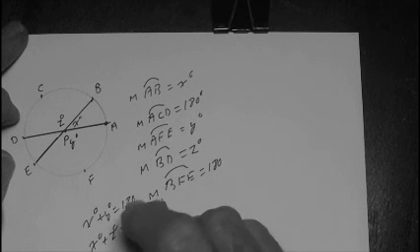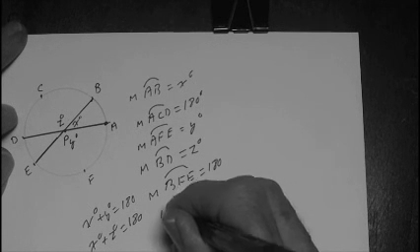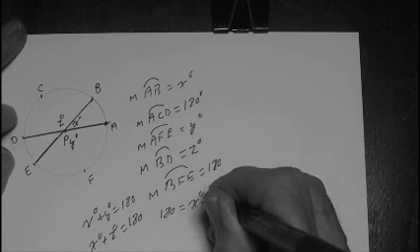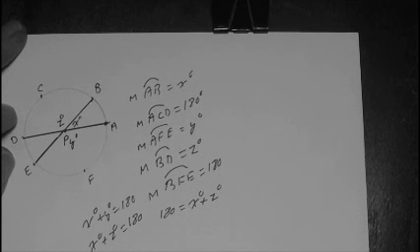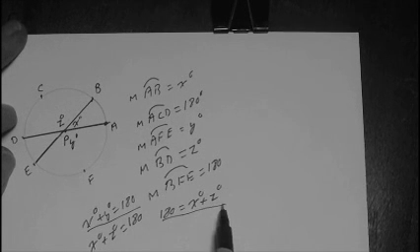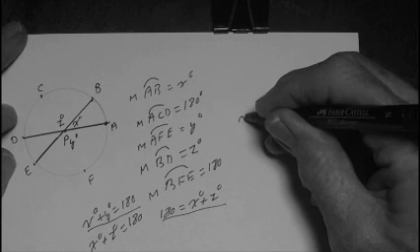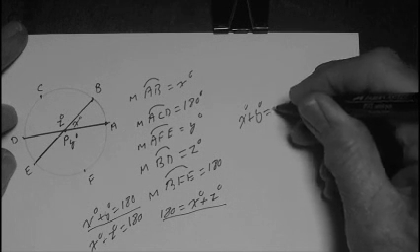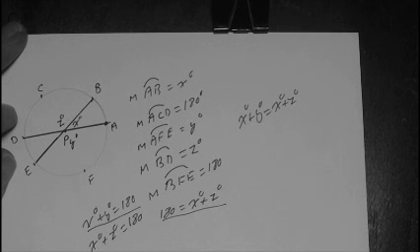If I use the symmetric property and flip this around, I get 180 degrees is equal to x plus z. And if I use the transitivity property, where this one here is equal to 180 and 180 is equal to x plus z, I can say that x plus y must equal x plus z by transitivity.